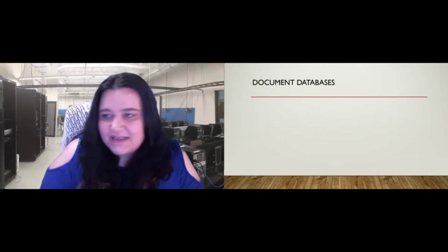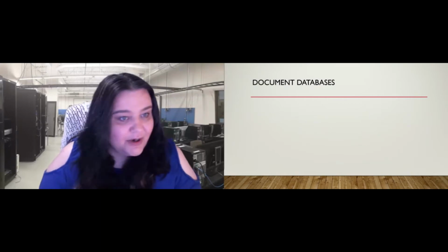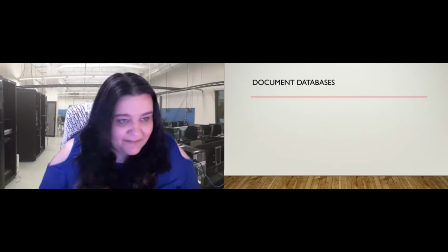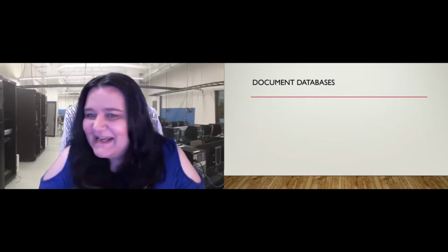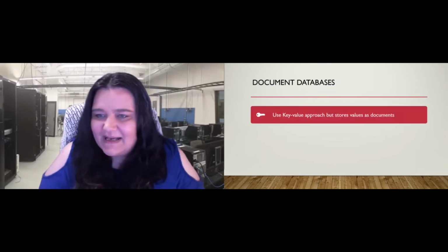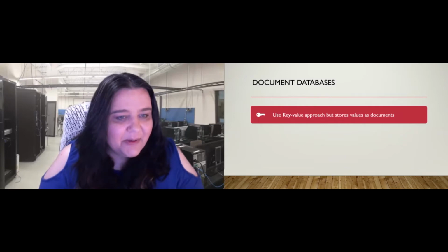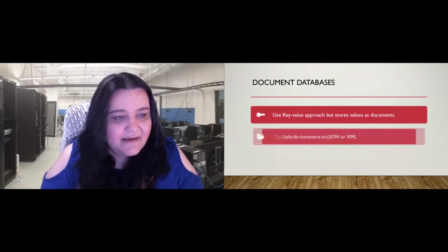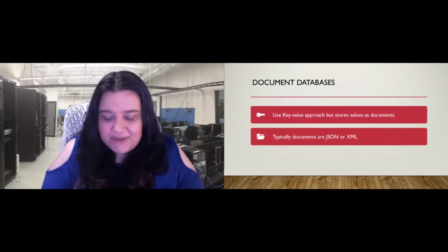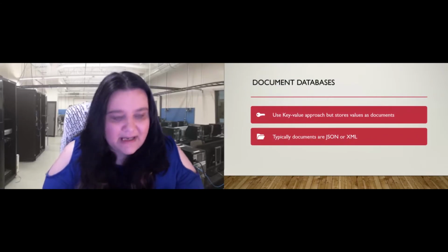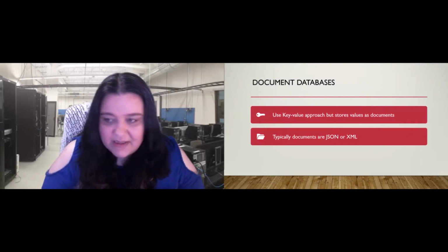Okay, so let's talk about document databases, which are my favorite. If you can have a favorite kind of database, which I do. So document databases use a key value approach, but they store the values as documents. Documents don't refer to something that we would identify initially as a document.